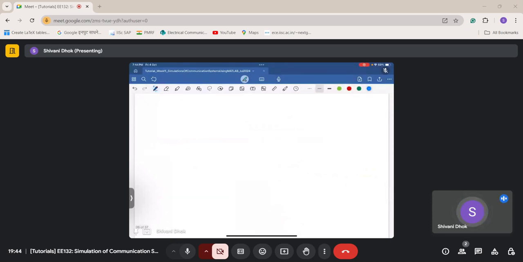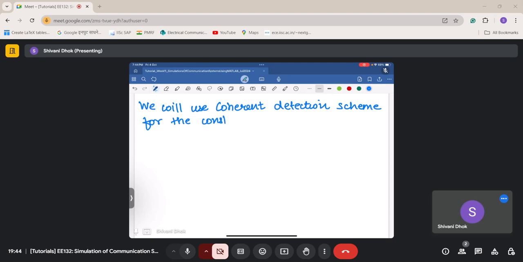So what we will do now is, we will use a coherent detection scheme for the constellation, let's take it, the m point orthogonal signaling constellation.